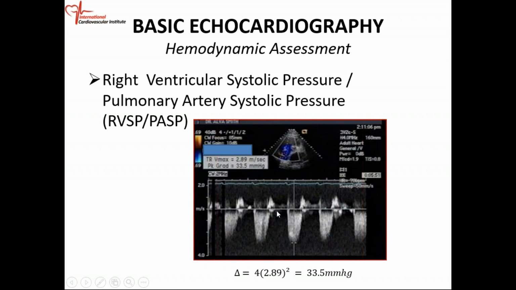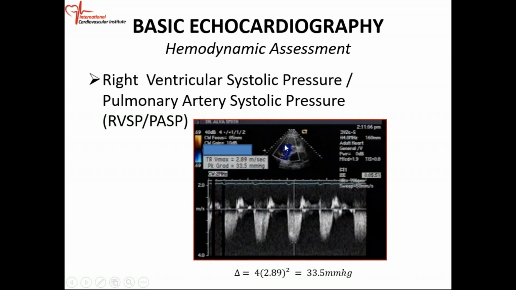The gradient is equal to, you get the peak velocity, which is 2.89. So when you square that and multiply by 4, that's the gradient. So the gradient across this valve is 33.5 millimeters mercury.